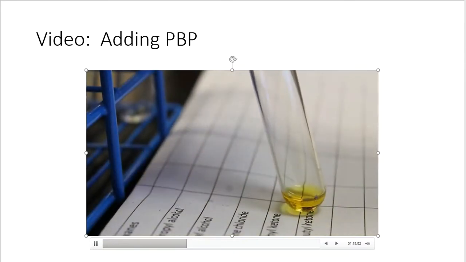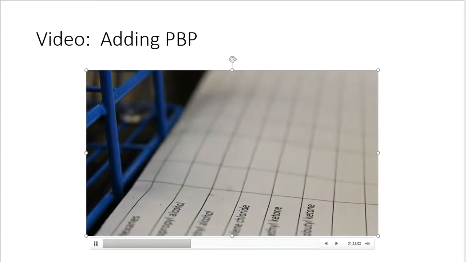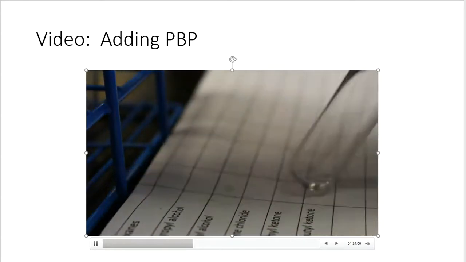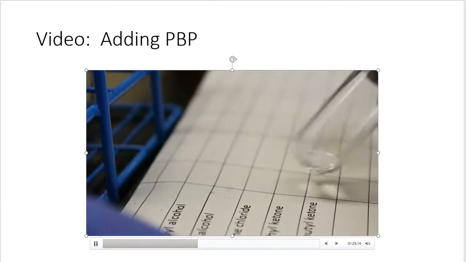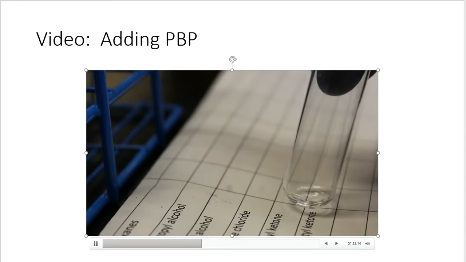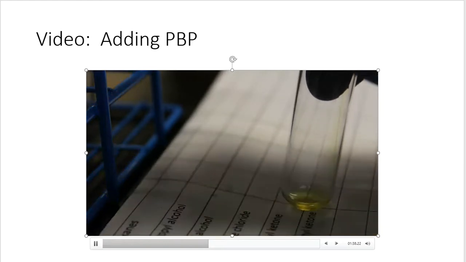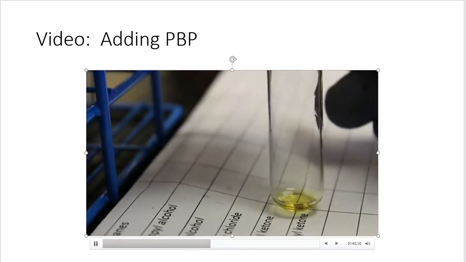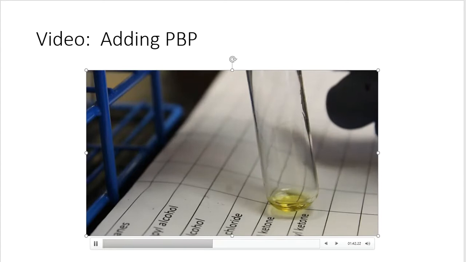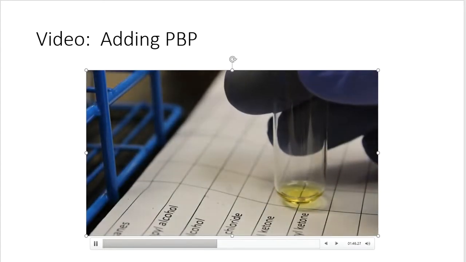The extra 10 is just so you can see the color better from the screen. All right, finally, the last one of our knowns is toluene. 2 drops. And then I'll add 10 more.